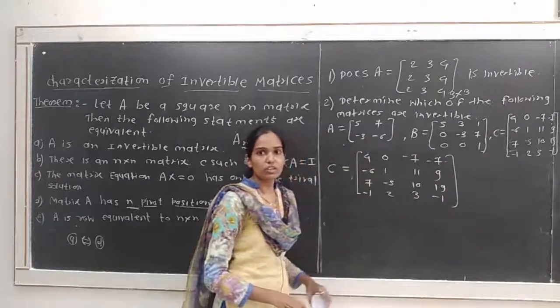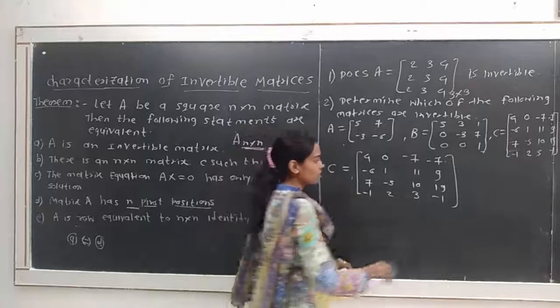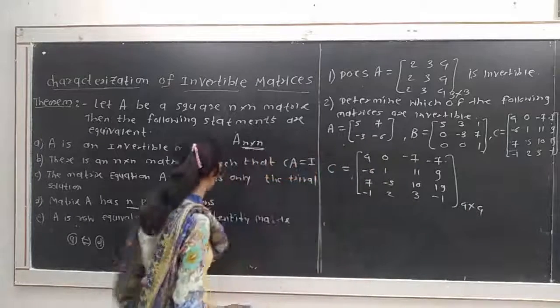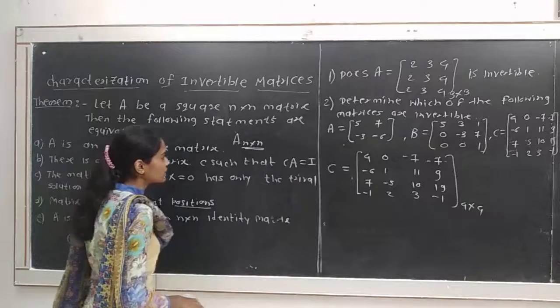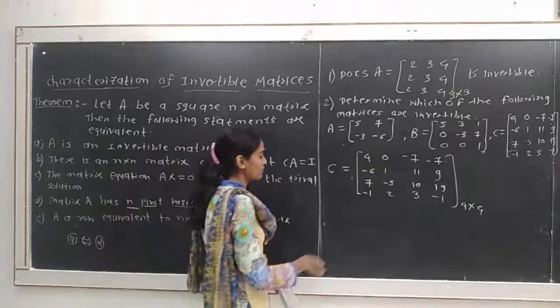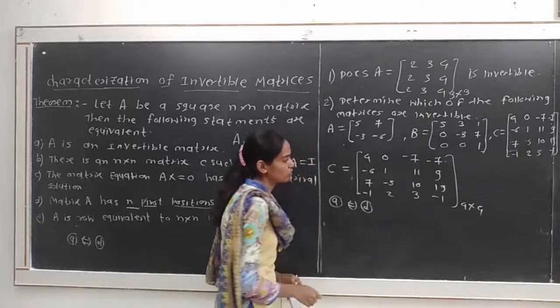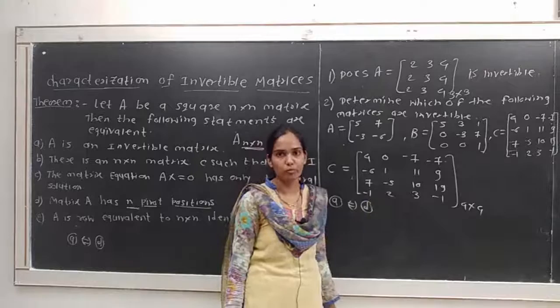If we observe, this matrix is of order 4 cross 4. So we again want to use the A if and only if D statements, that is, we want to count the number of pivot positions again.